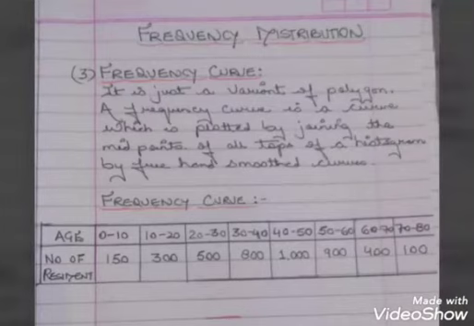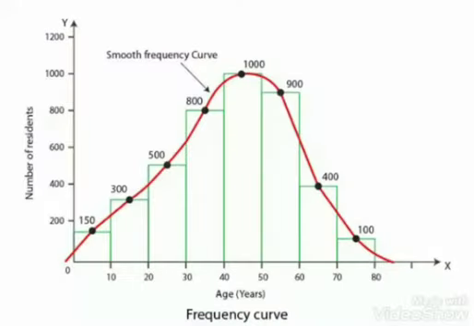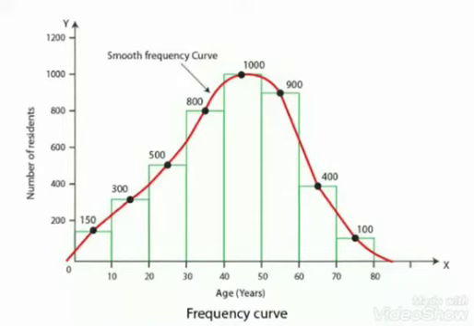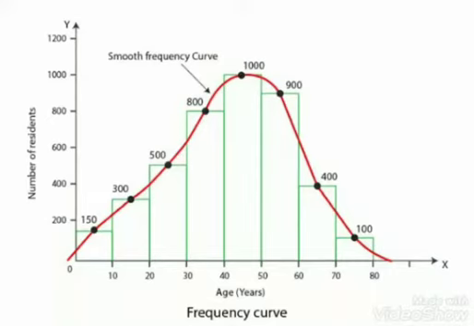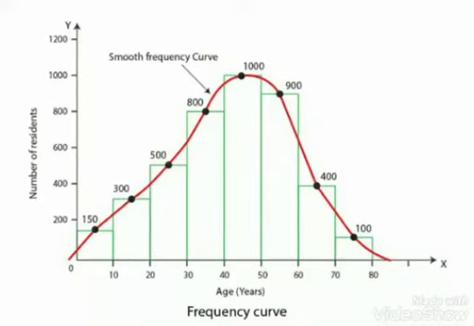So children, now if you see, we have plotted the data into a diagram where on the x-axis age in years has been taken, from 0 to 80 as given in the data. On the y-axis we have the number of residents, which begins from 150 and the maximum goes to 1000, but still around 1200 has been taken on the y-axis. Now if you see, it has been shown that in the age group of 0 to 10 the number of residents is around 150.